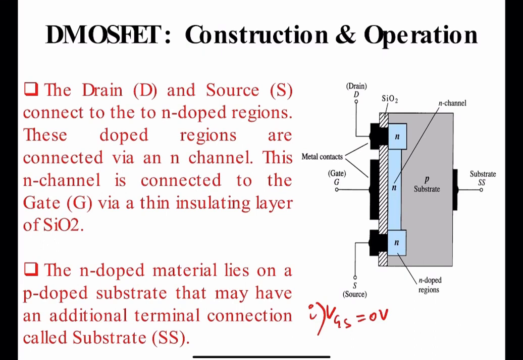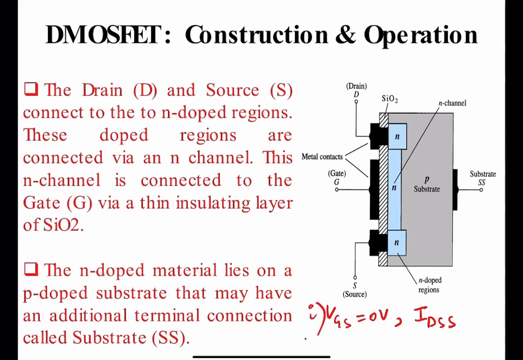Then there will be an attraction by the positive potential at the drain terminal, and hence current will be established from source to drain, that is denoted by IDSS, the drain current flowing between source and drain at VGS equal to 0 volt.